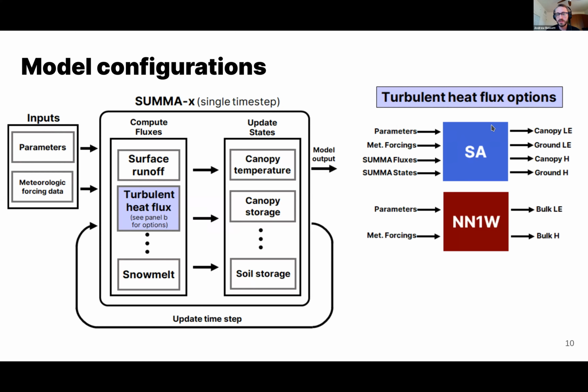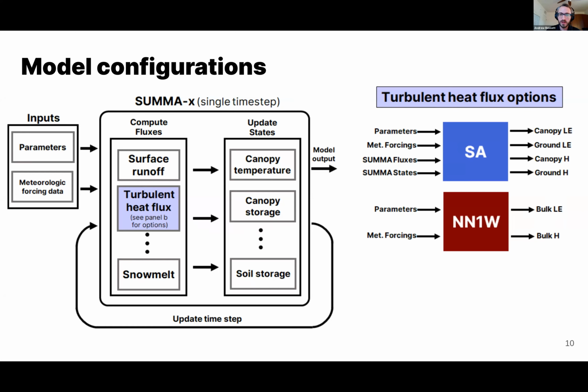Now, our first neural network or deep learning based approach, we're calling it NN one-way, because it does not take any information from SUMMA. It only takes in the meteorological forcing data and then outputs these heat fluxes in bulk terms. So we don't partition it between the canopy and the ground domains.